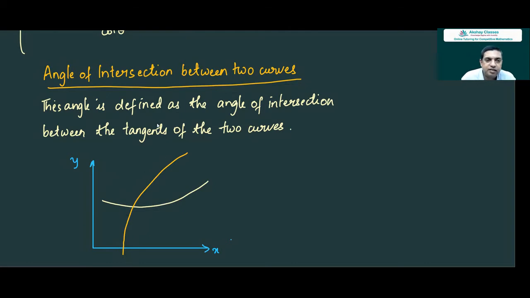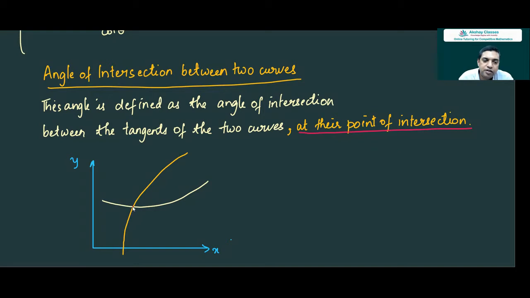Now both of them intersect. Now here important, the angle of intersection between the tangents of the two curves, I'm highlighting here, at their point of intersection. This is very important.